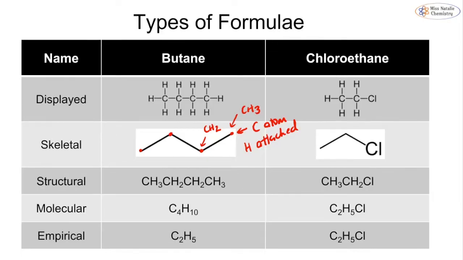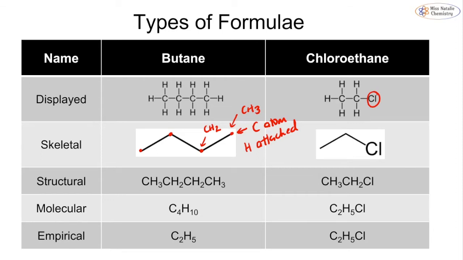We can have structural, where it breaks it down into different chunks. So we have a CH3, a CH2, a CH2, and a CH3. Molecular, C4H10, so I have 4 carbons and 10 hydrogens. And empirical, well, that can be broken down into a simpler whole number ratio of 2 carbons for every 5 hydrogens. And chloroethane is very similar. This time, though, we have a chlorine atom on the carbon.